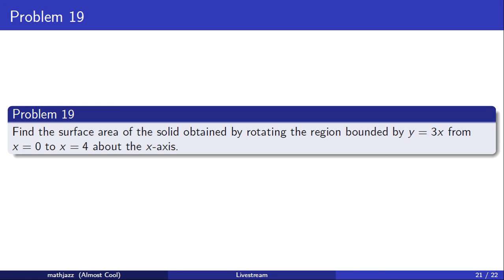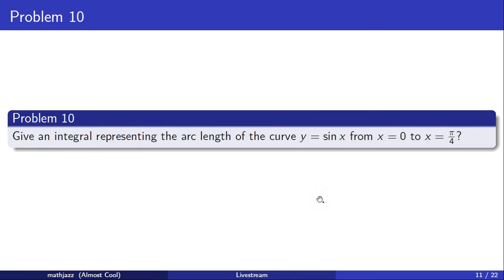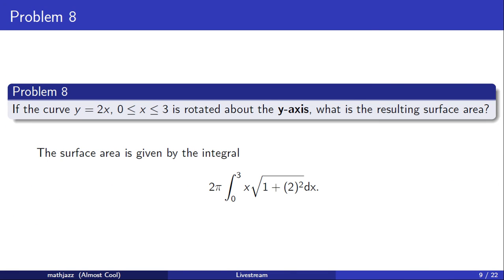The thing to remember is that, and I'm going to scroll back to our other, yes, here's our surface area. So when we're rotating around the y-axis, we have our surface area integral, which is the integral of the square root of 1 plus the square of the derivative. But we have to multiply that by 2 pi x because we're going to rotate that area around the y-axis. And so we treat x as the radius, and 2 pi times x gives us the circumference of the rotation.